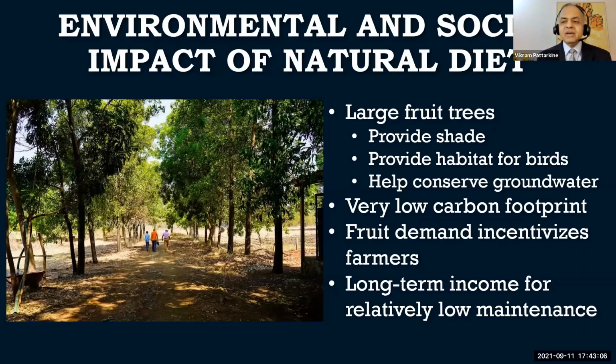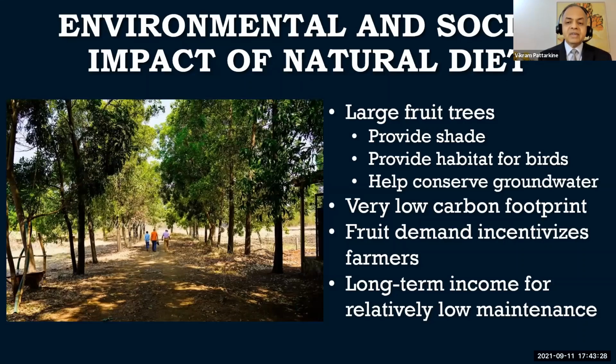I am heavily into natural diet. This is what I always talk about. If we eat mostly fruits and seeds, large fruit trees provide shade, provide habitat for birds, and help conserve groundwater. Natural food in general has a very low carbon footprint.